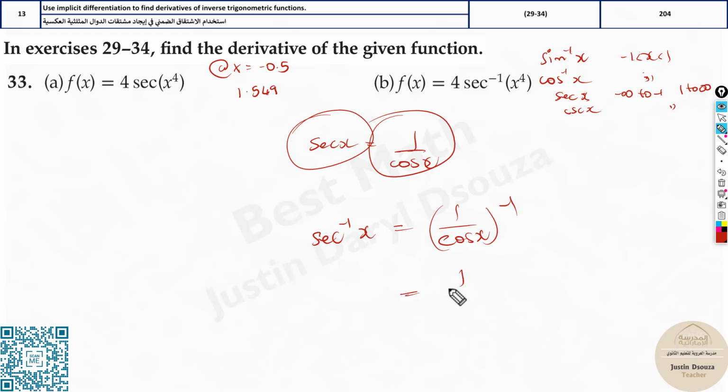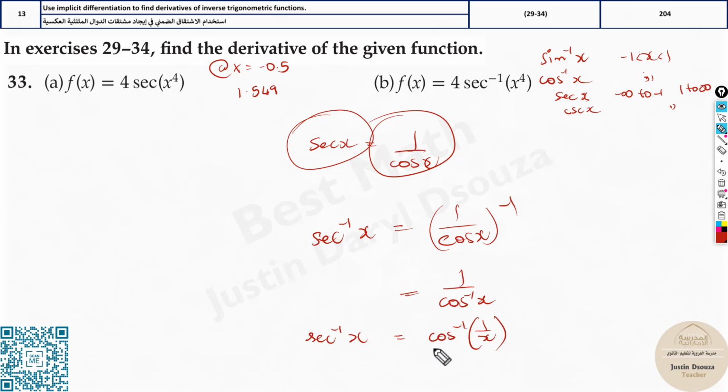Or do you think it's 1 by cos inverse x? If you're thinking any one of these, both are wrong. The actual thing is secant inverse x is equal to cosine inverse of 1 by x, not x. That's the only thing, because there's a relationship of this.